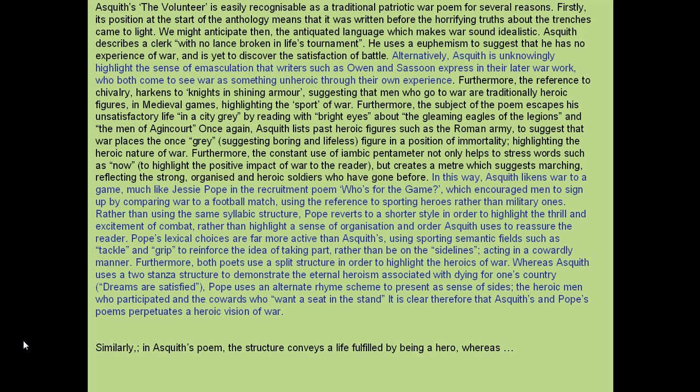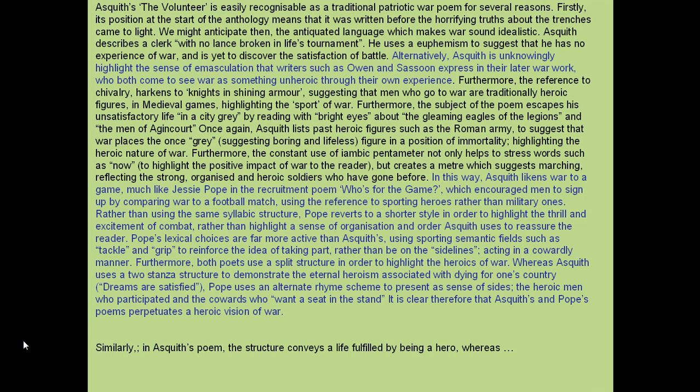Once again, Asquith lists past heroic figures such as the Roman army, to suggest that war replaces the once grey, lifeless figure in a position of immortality, highlighting the heroic nature of war. Furthermore, the constant use of pentameter not only helps to stress words such as "now", to highlight the positive impact of war to the reader, but creates a meter which suggests marching, reflecting the strong, organised and heroic soldiers who have gone before. So you can see the point being made and the analysis to support it.